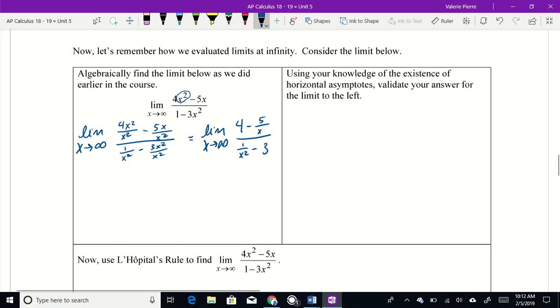So now, when we actually apply the limit to these terms, the limit of a fraction where the variable is in the denominator and there's no variable in the numerator is going to be 0. So we get 4 minus 0 over 0 minus 3, which is just negative 4 thirds.